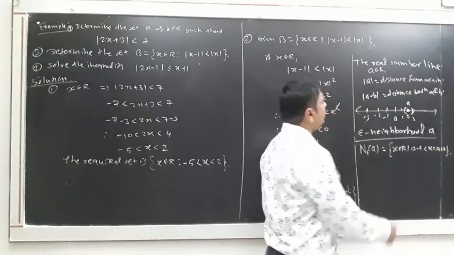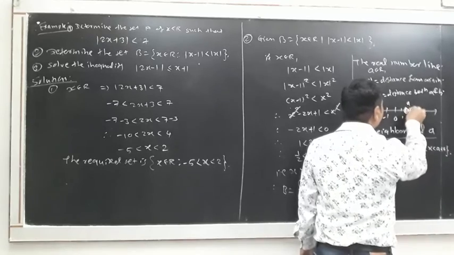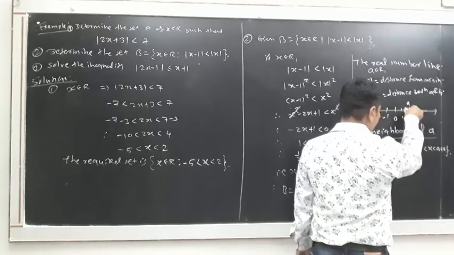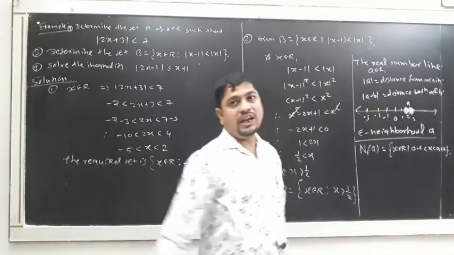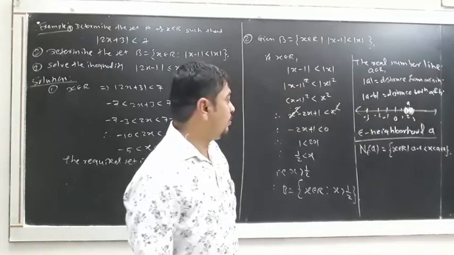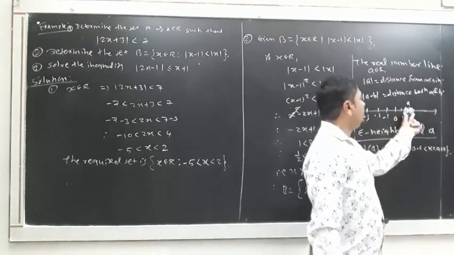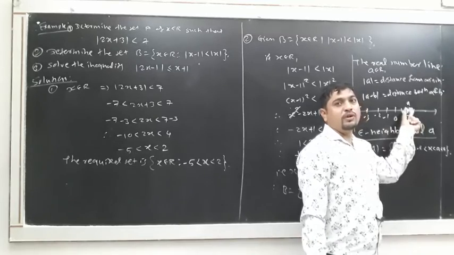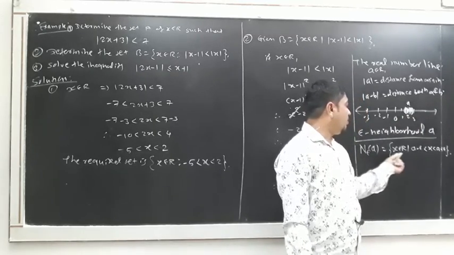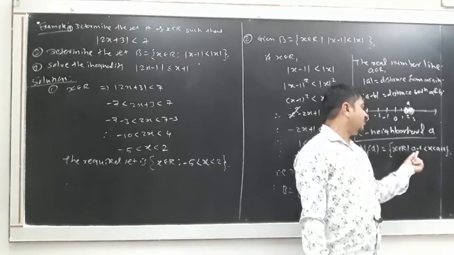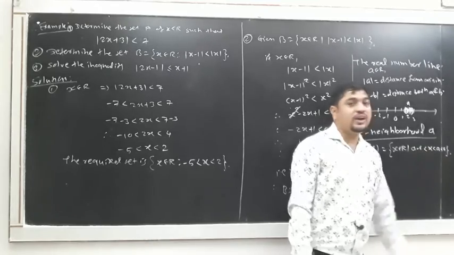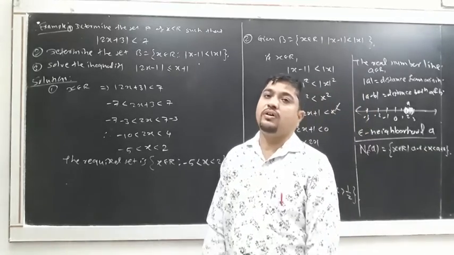It is the collection of all x between A minus epsilon and A plus epsilon.